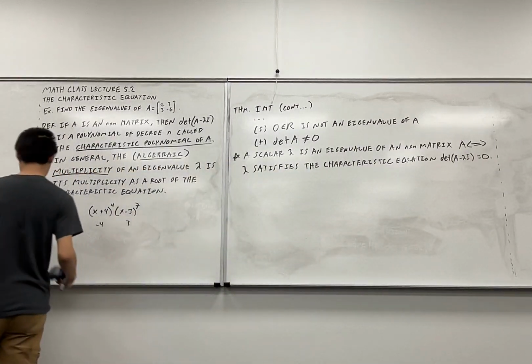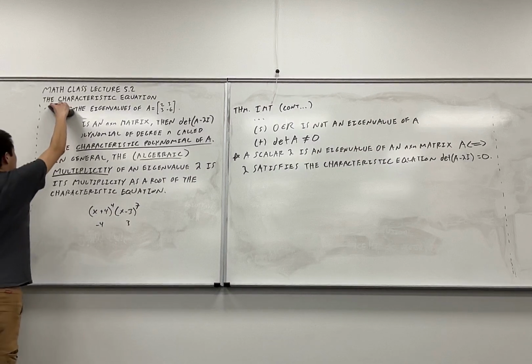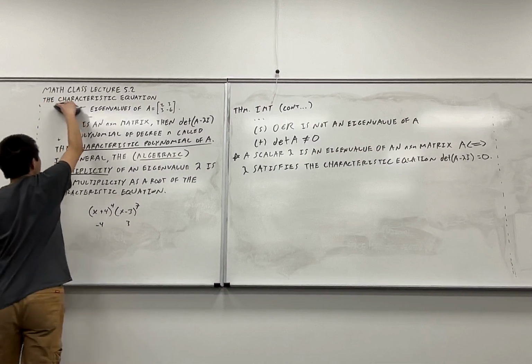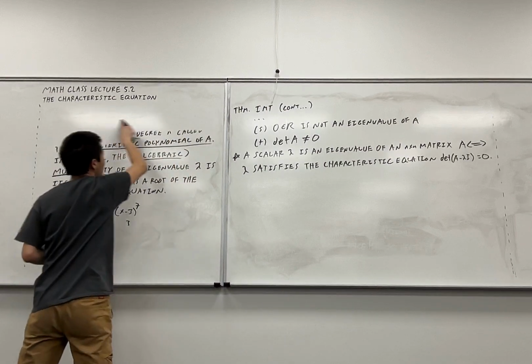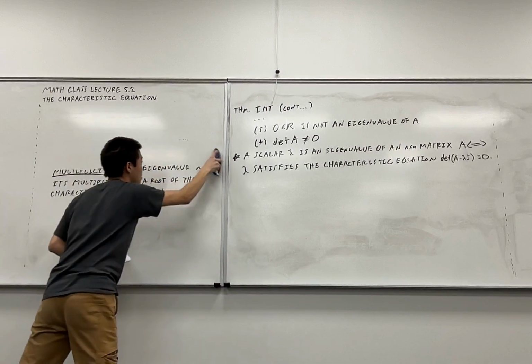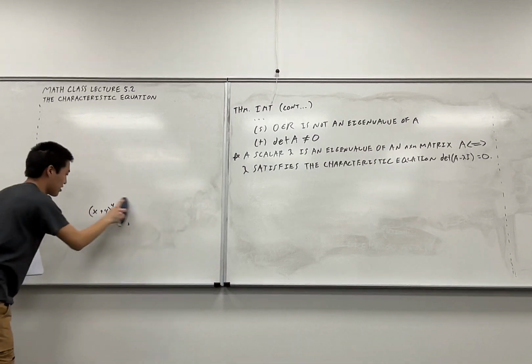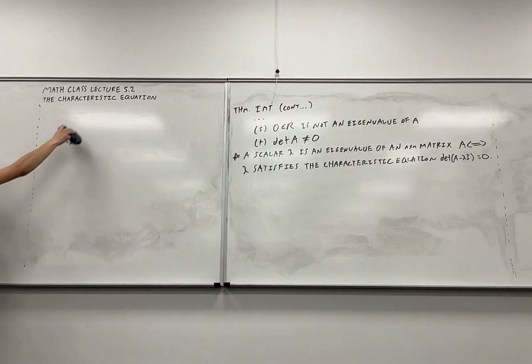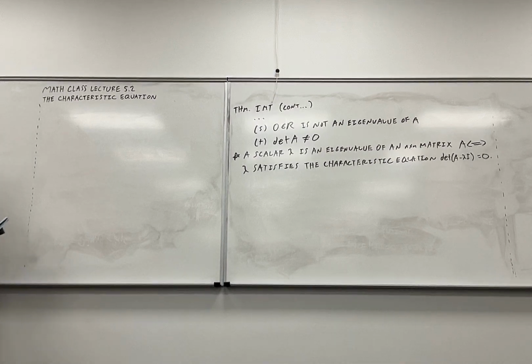Okay. Let me set up a new example here. So a little larger matrix, a little more applicable. Because honestly, the hardest part about this section is not doing the determinant, but just not forgetting how algebra works in FOIL.